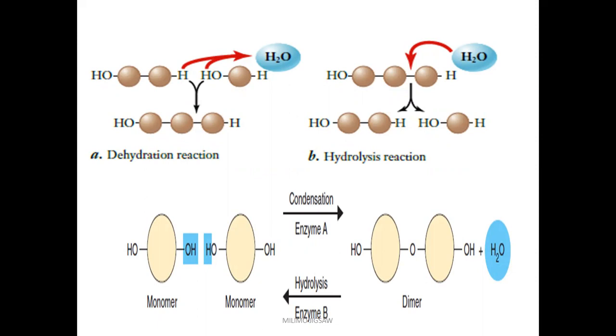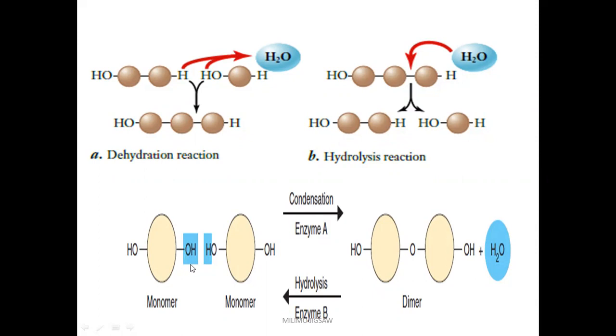So for two monomers to form a dimer, in the dehydration reaction you have one monomer and another monomer undergoing a condensation reaction in the presence of an enzyme to form a dimer. For that covalent bond to be formed between two monomers, an OH group, a hydroxyl group, is removed from one monomer.